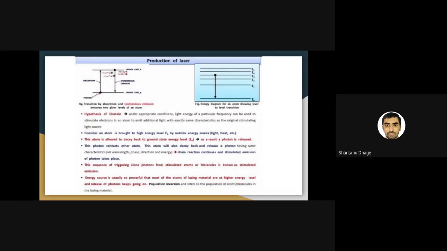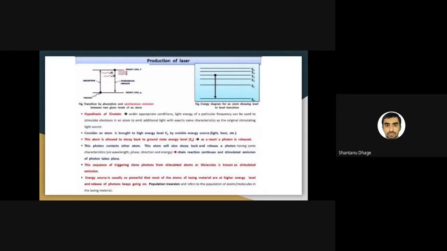This atom is then allowed to decay back to the ground state energy level, that is, from the high energy level E2 to the low energy level E1.